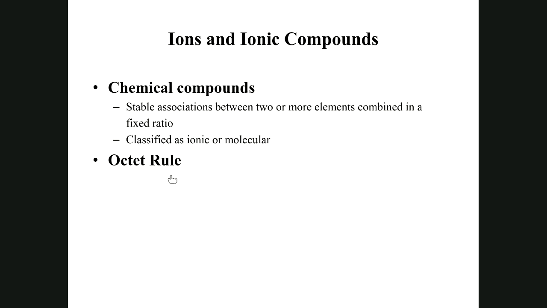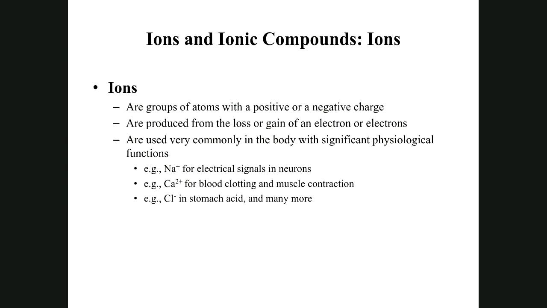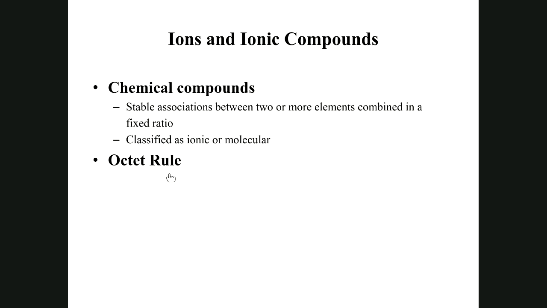This is really what determines how we bind, because we're always trying to get 8 in the outer shell, okay? Now, there are 2 different ways that we can achieve this, that we can get this 8 in the outer shell. One way, as I just mentioned, is to give electrons away or to accept electrons. By removing an electron or adding an electron to an atom, we're changing its charge.